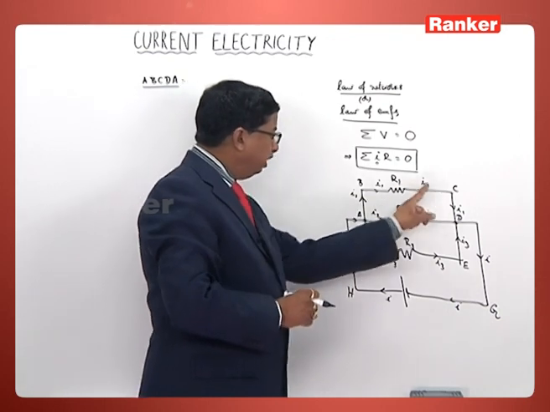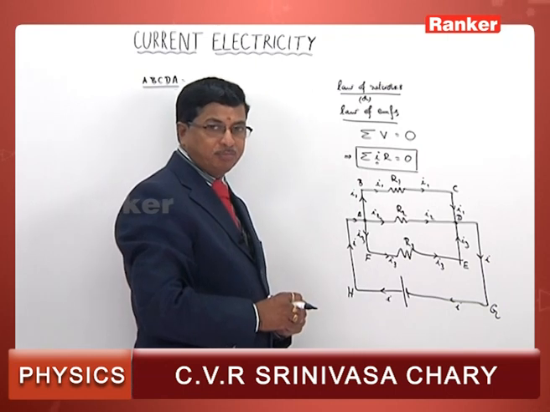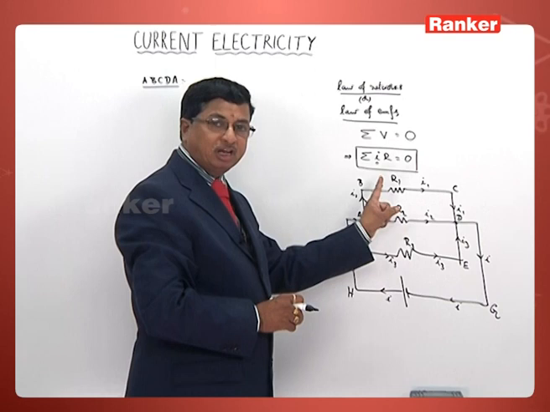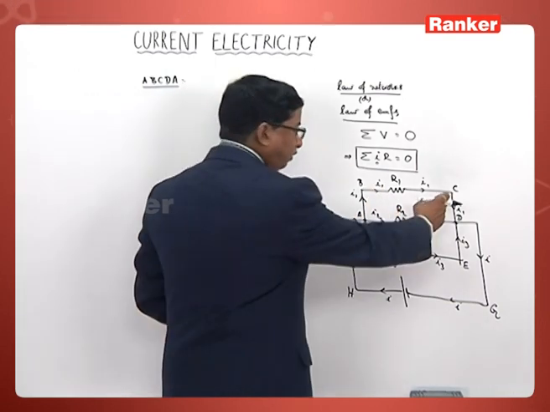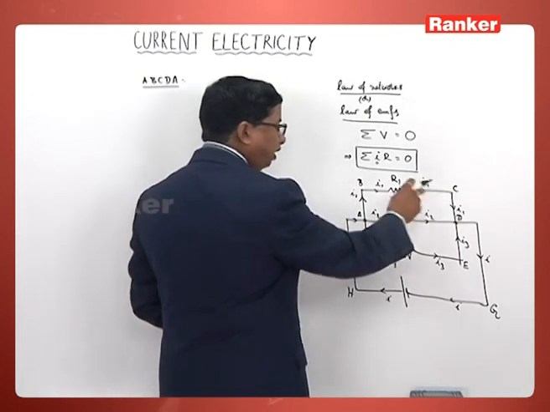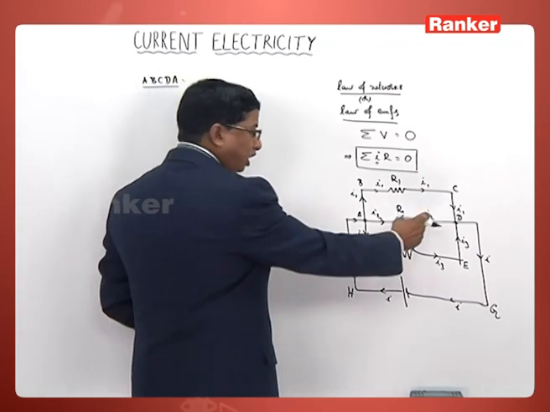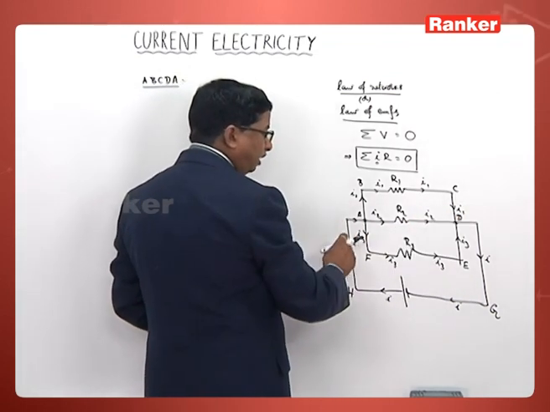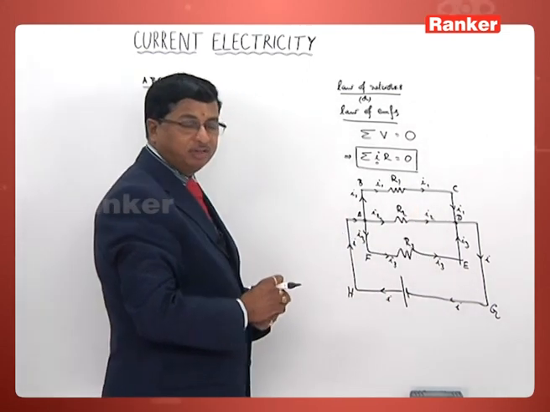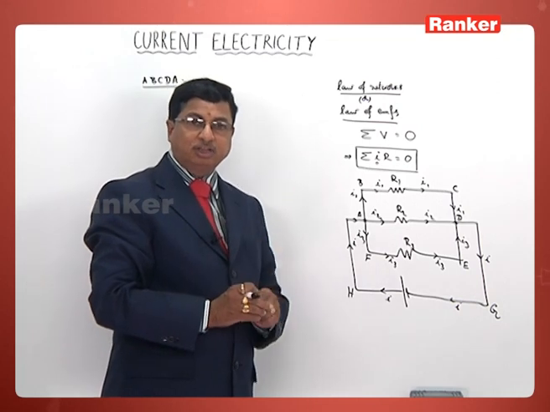When I move from B to C, I am again following the current's direction, so that current is to be taken with a negative sign. When I move from C to D, in the same manner, current I1 is to be written with a negative sign. When we come back from D to A, I am moving against the direction of current I2. In such cases, we take that current with a positive sign.